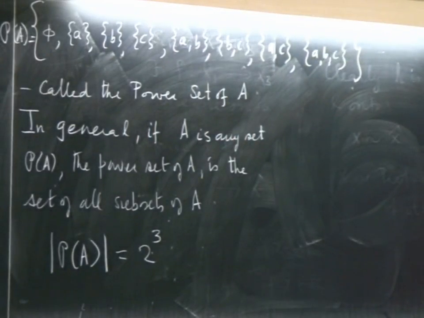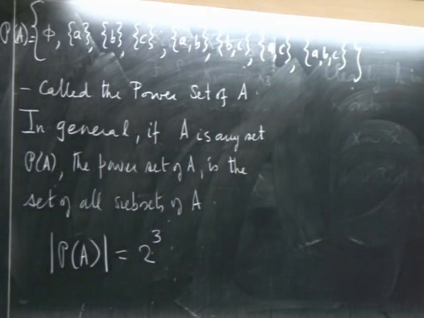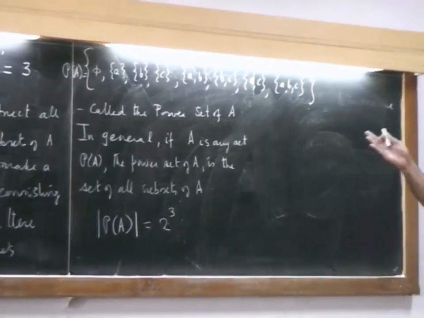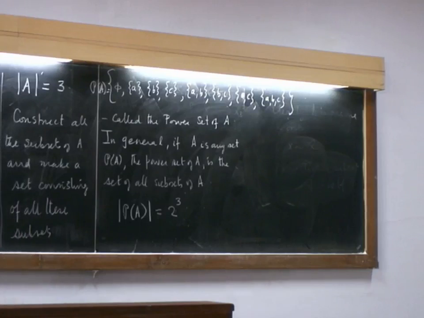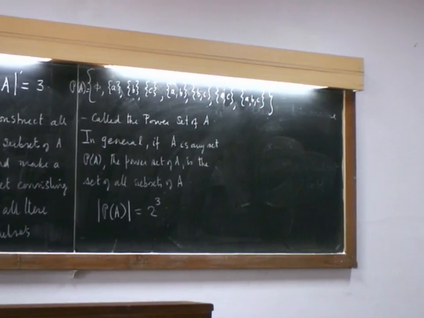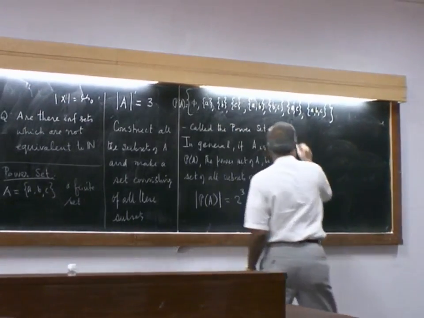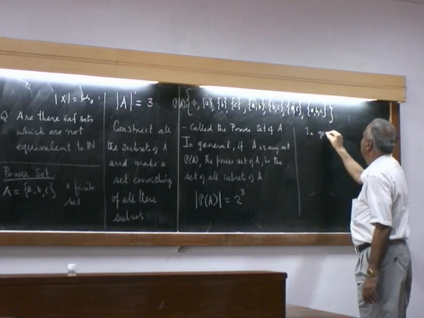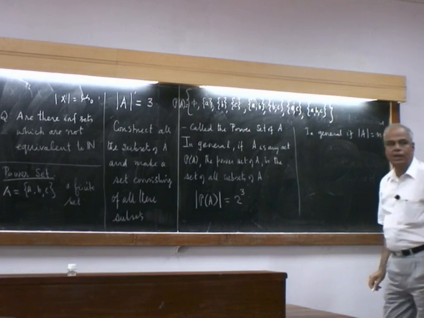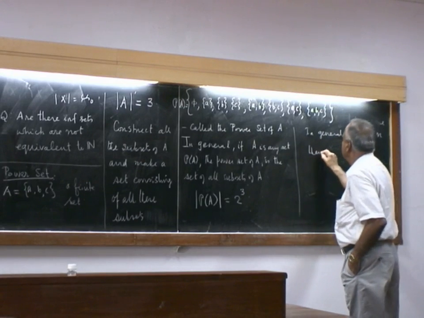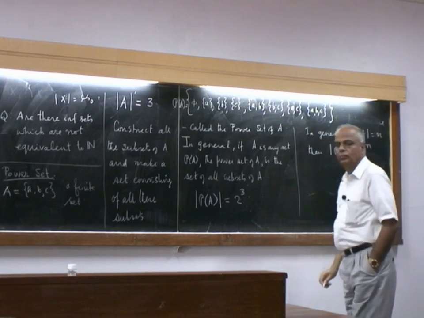We see that the power set has 2 to the power of 3 elements, and in general, from what I said, you can see that if you have a finite set with n elements, then the power set will have 2 to the power of n elements. So in general, if the finite set has n elements, then the cardinality of its power set is 2 to the n.